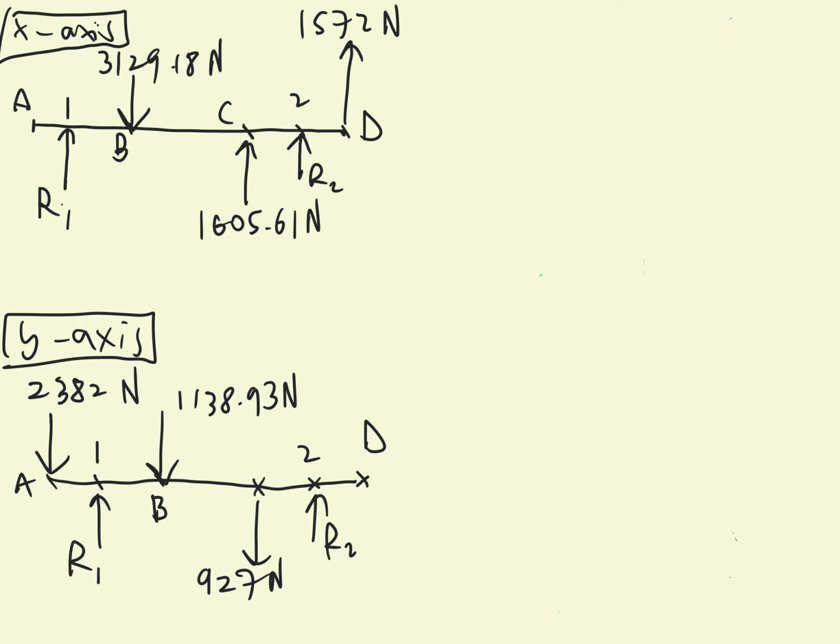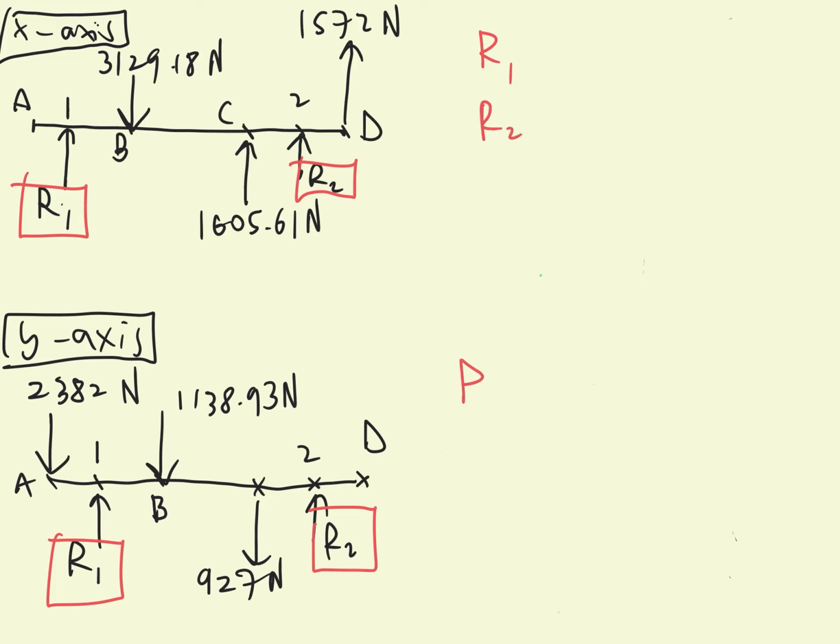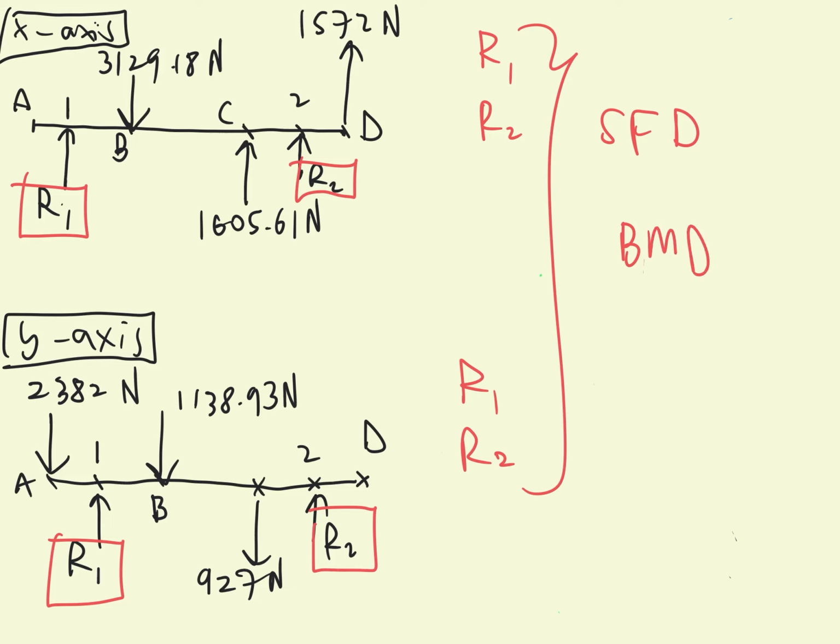You need to find R1 and R2 for x-axis, and R1 and R2 for y-axis. After you manage to find these, you can proceed with your shear force diagram and bending moment diagram.